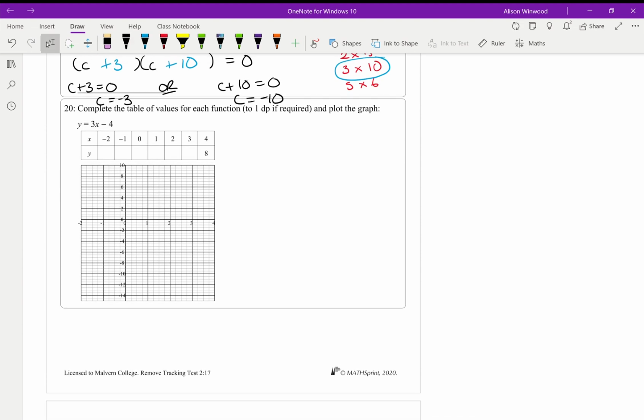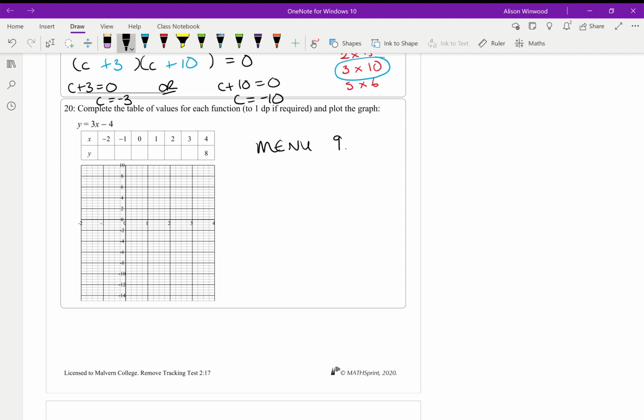To complete the table of values, we can cheat using our calculators and use menu, no, I've forgotten which menu it is. Is it menu 9 in this one? Yes, menu 9.